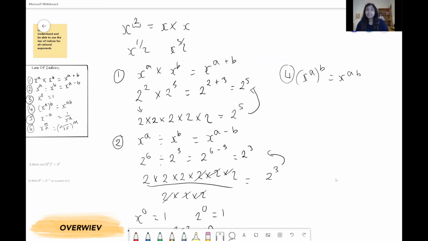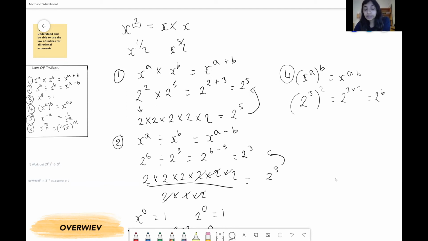This is saying if you have x to the power of something and then you raise that whole term to the power of another number, that's equal to x to the power of the two powers multiplied together. For example, 2 to the power of 3 all raised to 2 is equal to 2 to the power of 3 times 2, which is 2 to the power of 6.